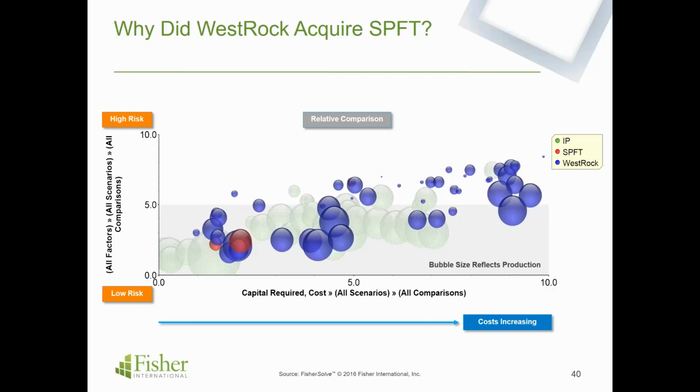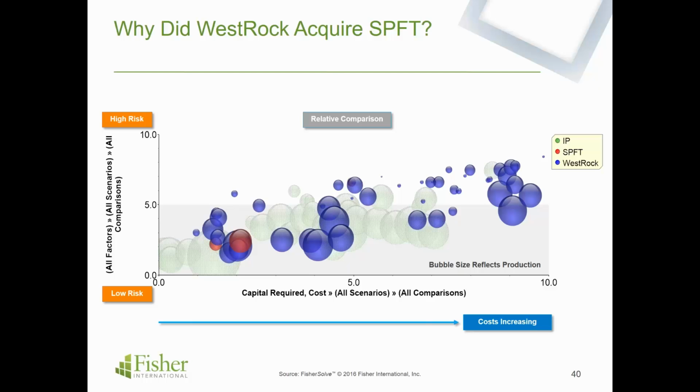And this is one of the better graphs I have ever pulled out from Fisher Solve, because one picture here tells more than 1,000 words. If you look at IP and Westrock, they are somehow head-to-head in the same markets, and what is the situation and how Westrock can improve its market position, because a lot of their fleet actually is too far on the right.